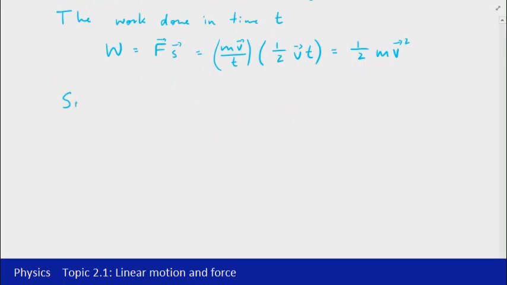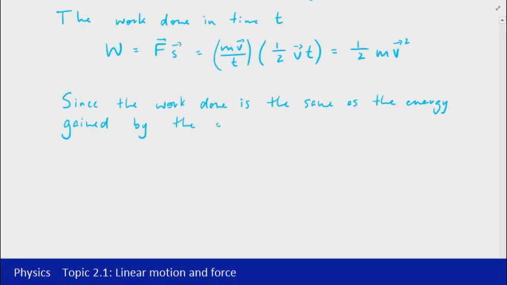So since the work done is going to be the same as the energy gained, that means in this scenario that the energy gained by the object gives us an expression for the kinetic energy.